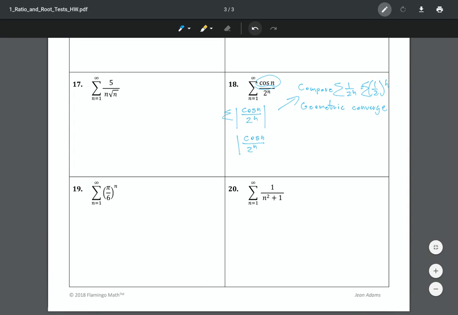The absolute value of this will be bigger than 1 over 2 to the n. Now, hold on, let me see if that's true, because that's the direct comparison test I just noticed. It's the other way around.